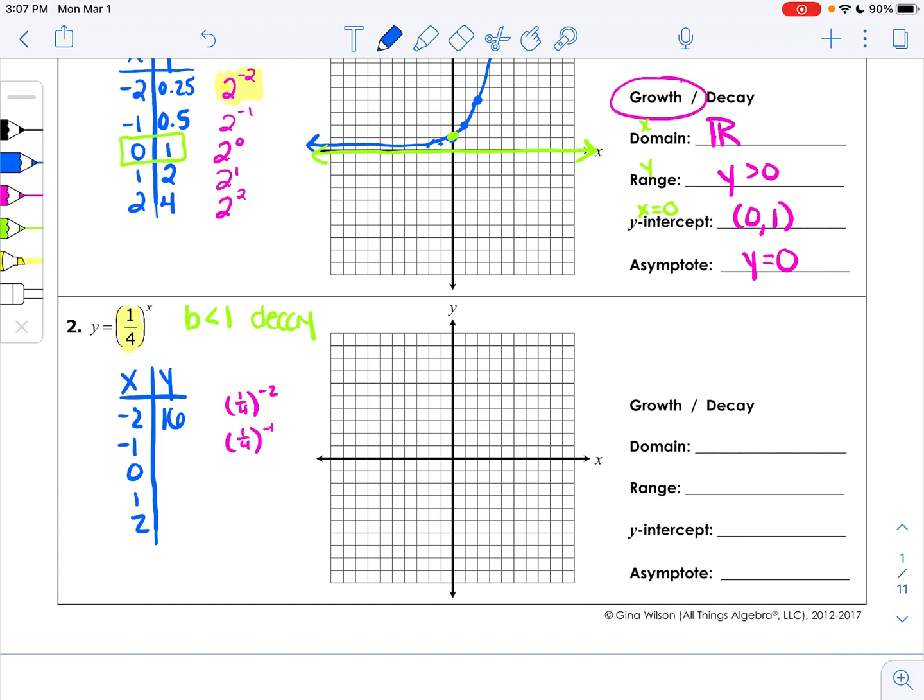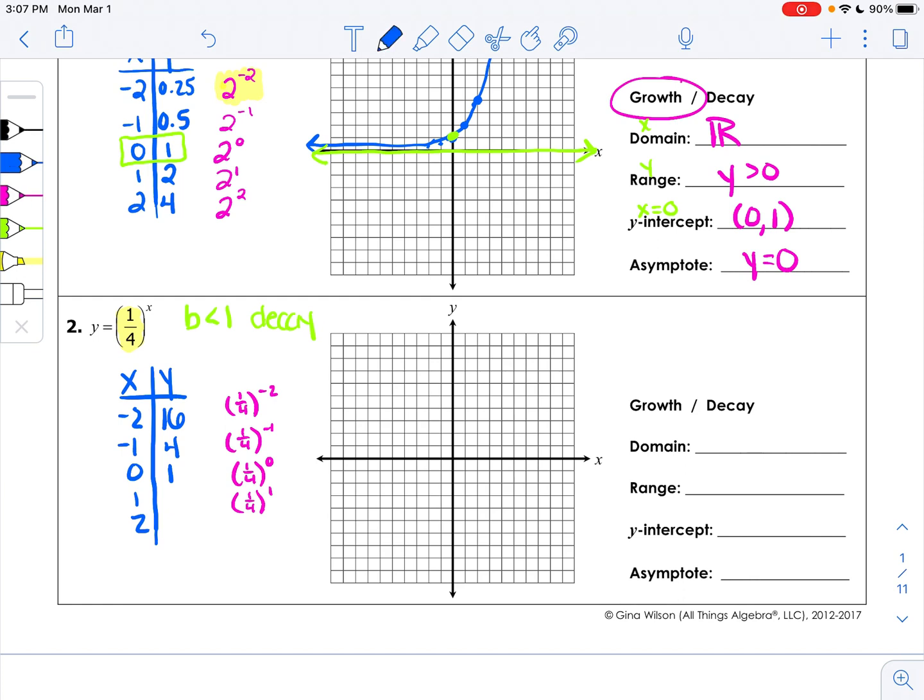And you see you get 4. Then 1/4 to the 0 power. We shouldn't need a calculator for that because we know anything to the 0 power is 1. Then 1/4 to the first power. So anything to the first power is itself.